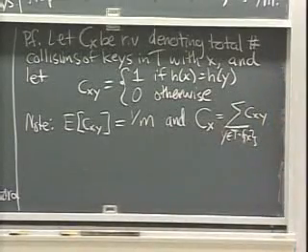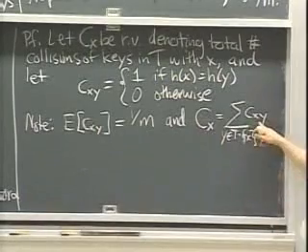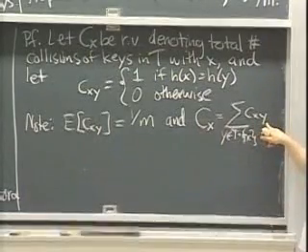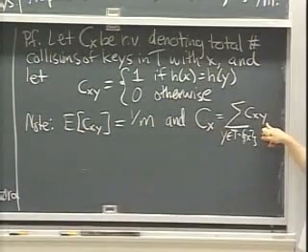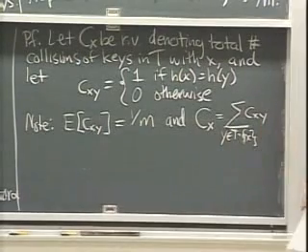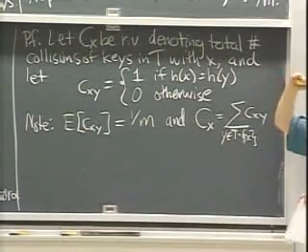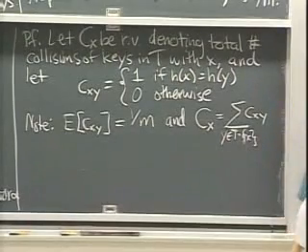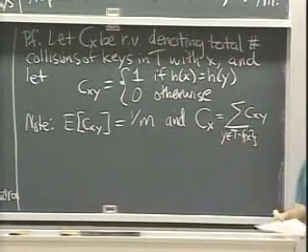Okay, so for each one that would cause me a collision with x, I add 1, and if it wouldn't cause me a collision, I add 0. And that adds up all of the collisions that I would have in the table with x.